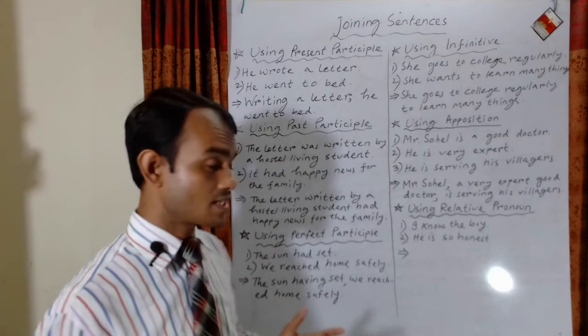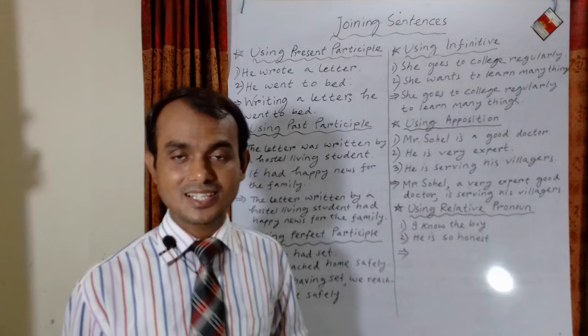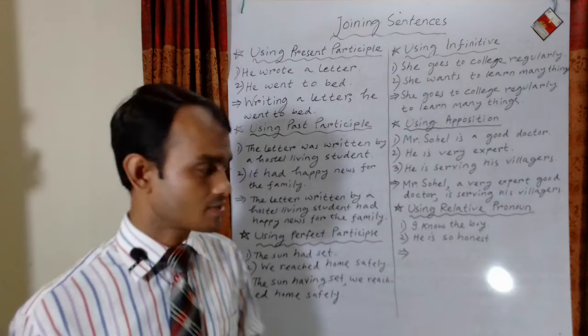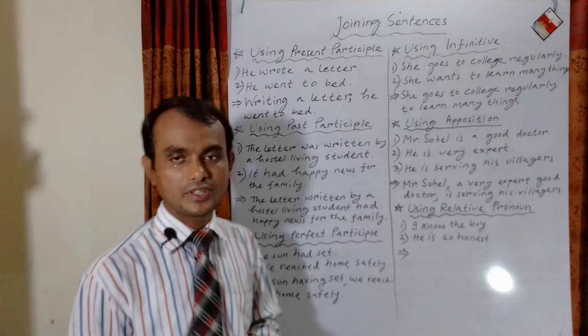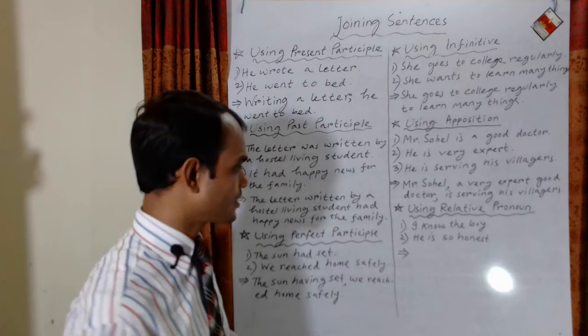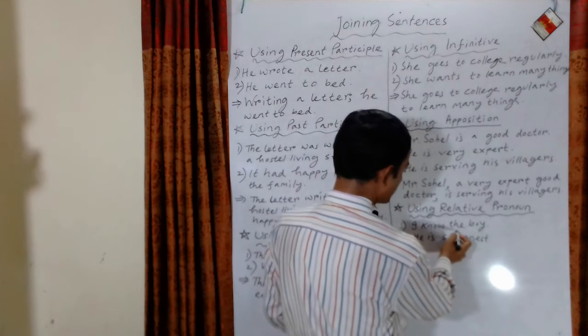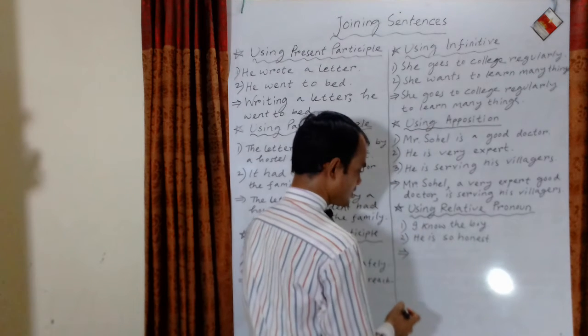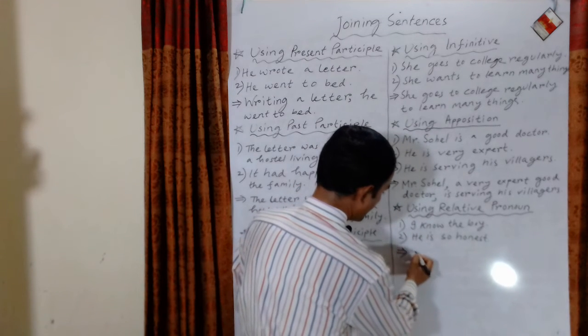These two sentences, okay, I'm going to join these two simple sentences into one sentence. Okay. How is it possible? I will use relative pronoun. Okay. The common word is the boy and he. And the next pronoun I will cut off.